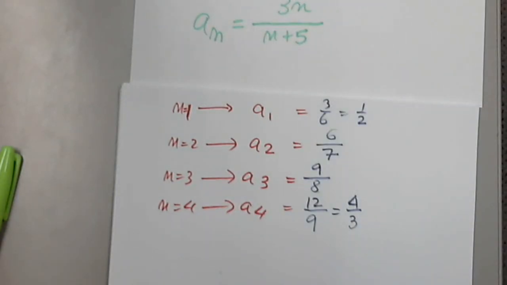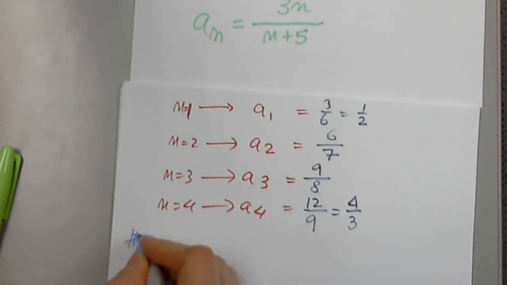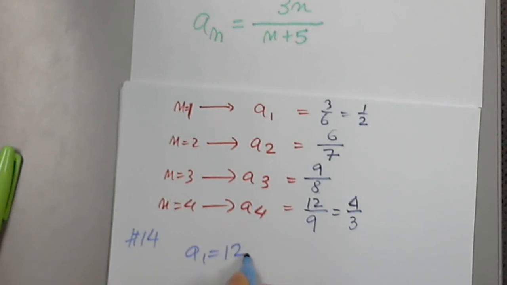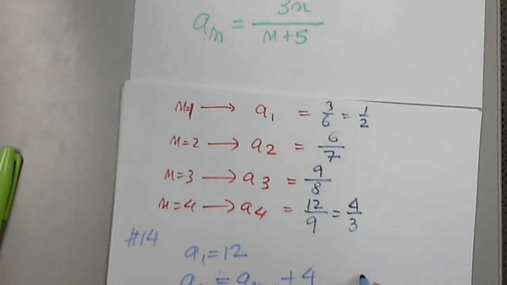So when we are given the general term, but we can be given a recursion formula. For example, number 14, last example, and then I'll ask you what you would like me to do next. A1 equals 12, An equals An minus 1 plus 4 for n greater than or equal to 2. So let me read the question.